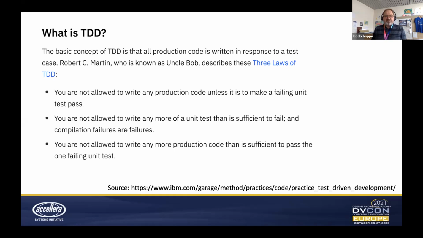You're not allowed to write any production code unless it is to make a failing unit test pass. You're not allowed to write any more of a unit test than is sufficient to fail, and compilation failures are failures. You're not allowed to write any more production code than is sufficient to pass the one failing unit test.